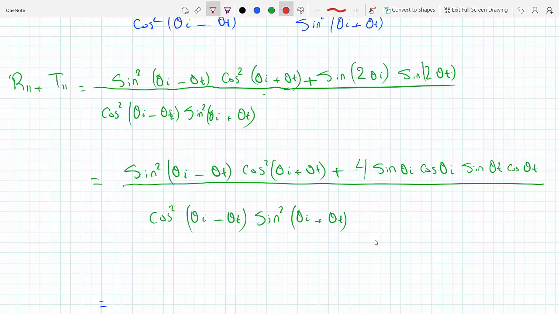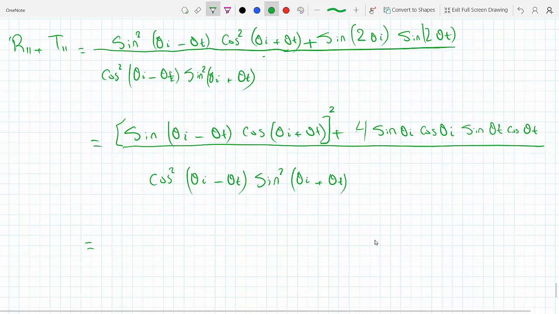And now let's see, we're gonna have to FOIL sine squared theta I theta t. Let me take these squares on top of the whole thing, probably better. Okay, let's FOIL.